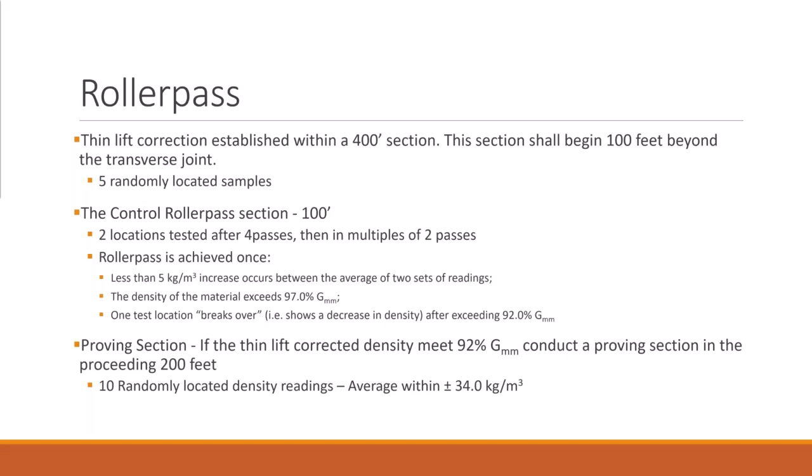And then once you figure out your control section, there's a proving section, which is the preceding 200 feet. There's 10 randomly located samples, and that average has to exceed 92% and be within the 34 kilograms per meter.